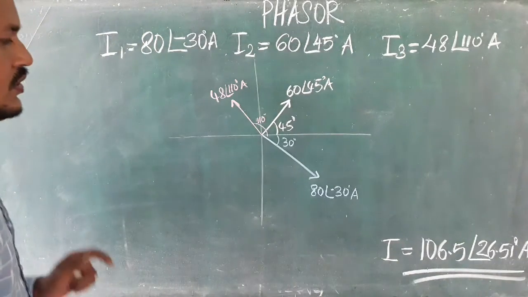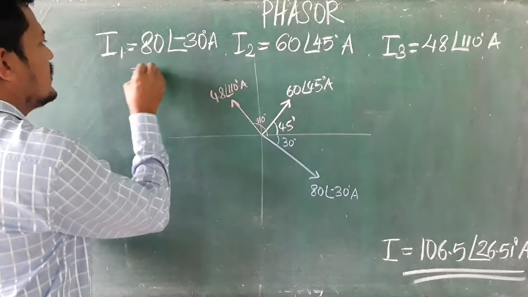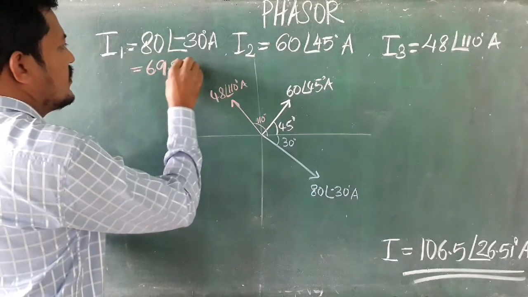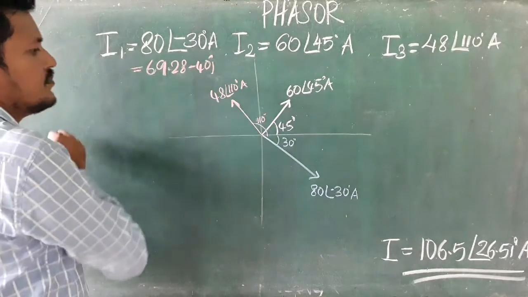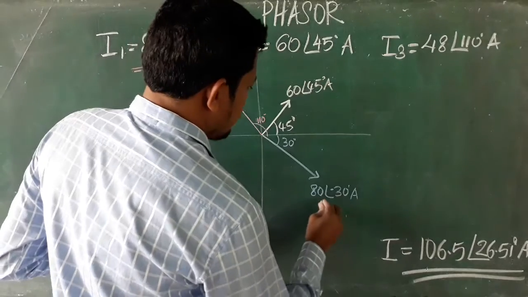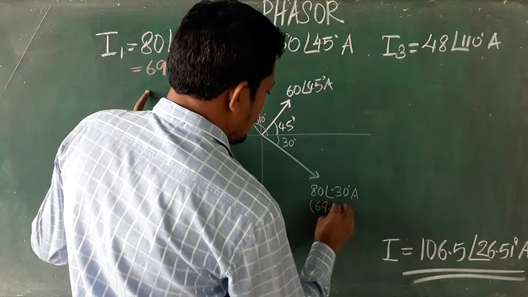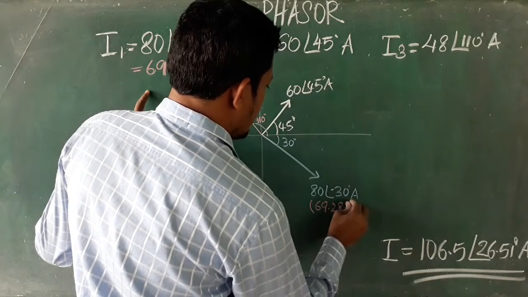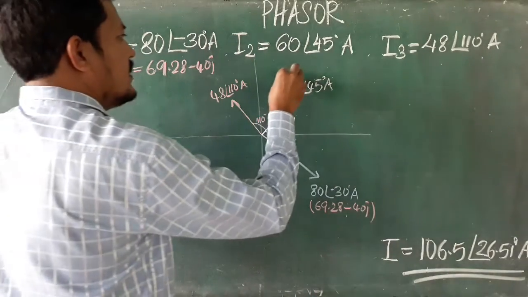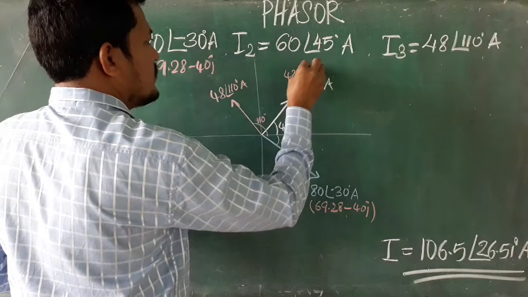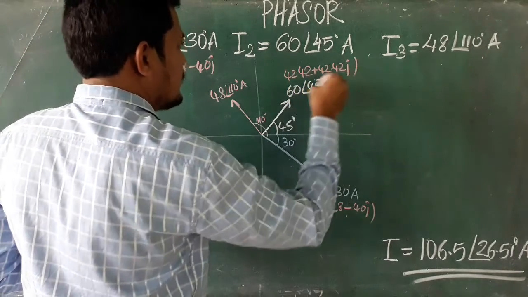Clear. So first we converted I1. The I1 value is 69.28 minus 40J. This is the value in rectangular form. The second one is 42.42 plus 42.42 J. Clear.